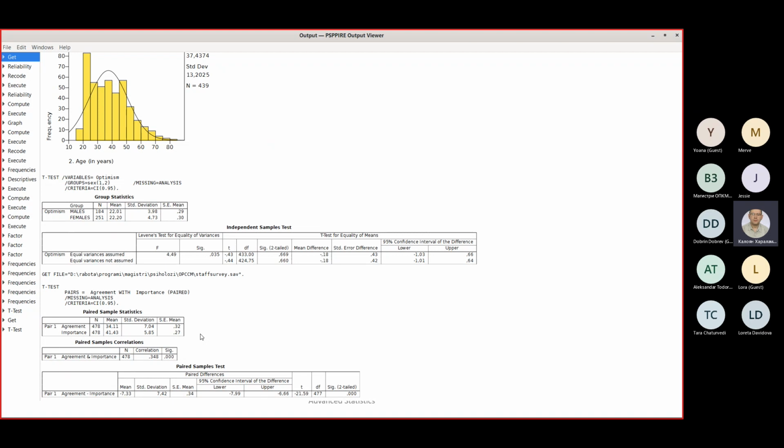And to answer that, we again have the significance level. And the significance level is 0. 0 is less than 5%.